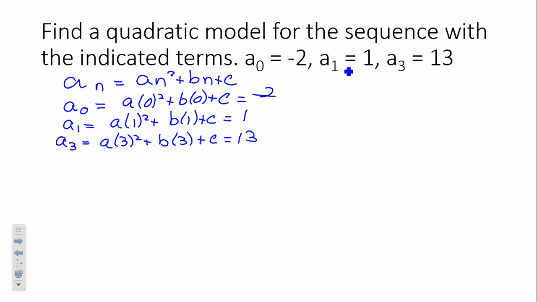So simplifying this first equation, our a sub 0 is going to say 0 plus 0 plus c equals -2, right? So they were kind enough to give us our c already. A sub 1 simplified says 1 times a plus 1 times b plus c equals 1.